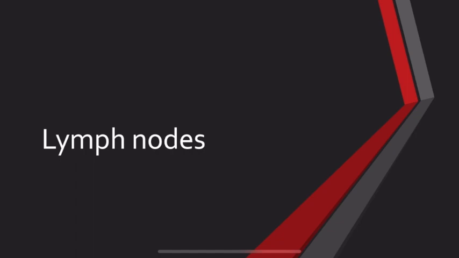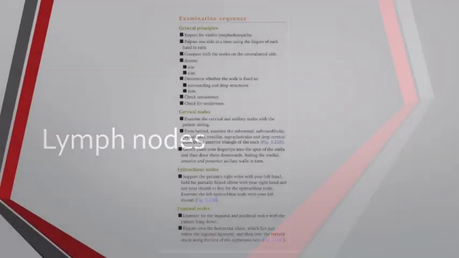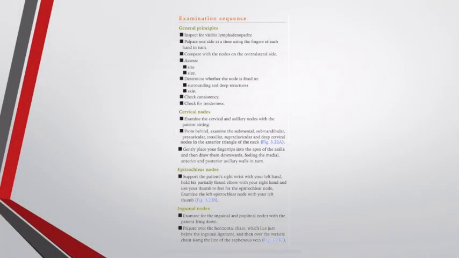So let's look at lymph nodes as a specific example of a mass that people may come to you to have evaluated. One of the things that gets swollen and people report as a mass are the lymph nodes. And so we want to make note of those as part of our general examination of the patient. So here's the sequence for that.